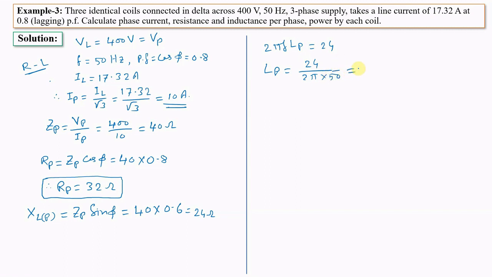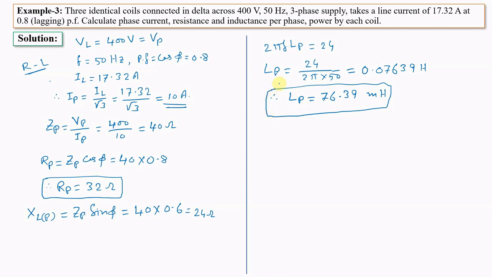So the value of inductance per phase will be 0.07639 Henry. So the inductance per phase can also be written as 76.39 millihenry. It is the inductance per phase of the three-phase load.